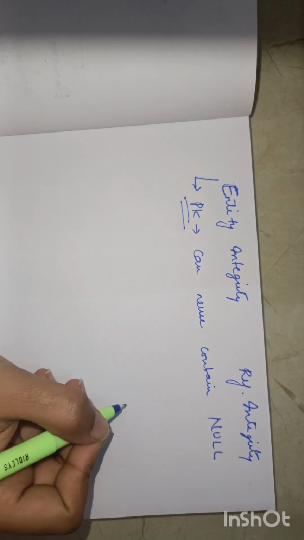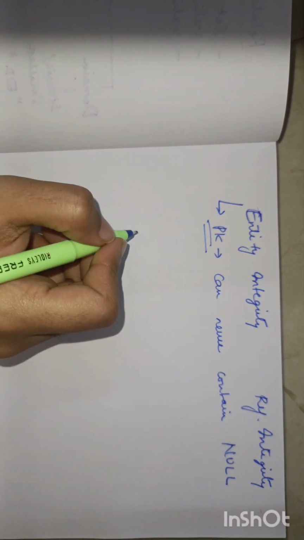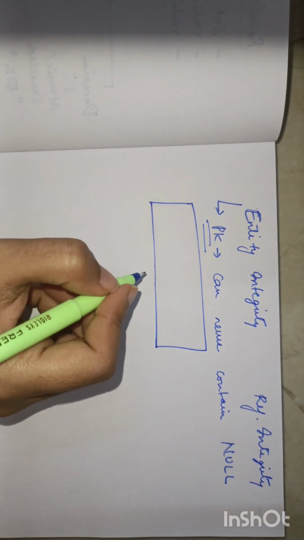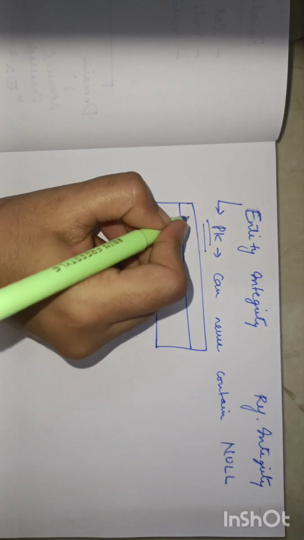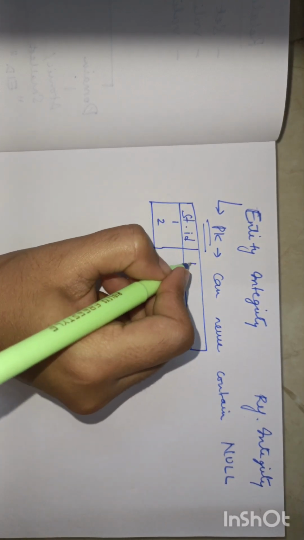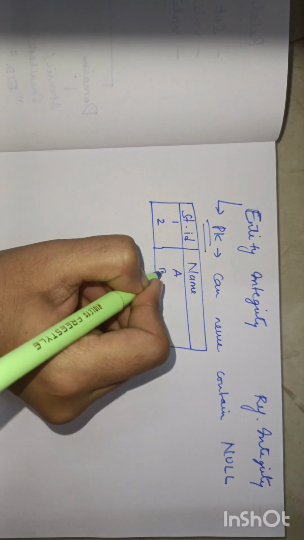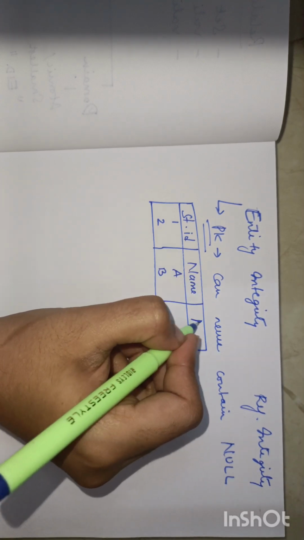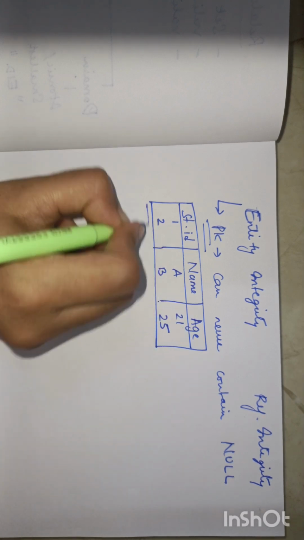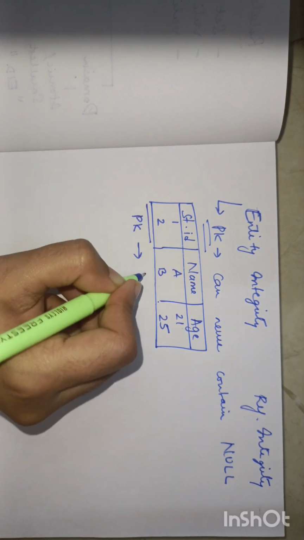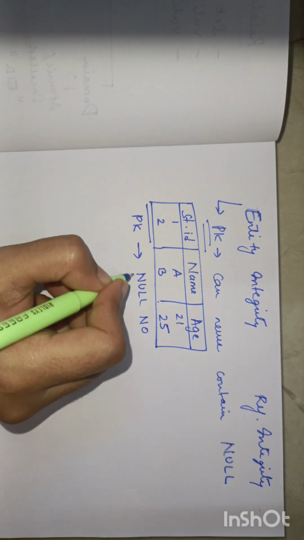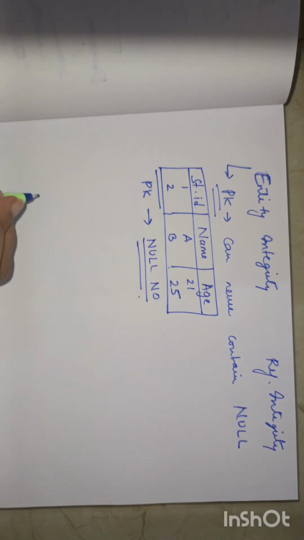A table can contain null values anywhere except in the primary key. So you can draw a small table and give the example that you have student ID, say 1, 2. You can have the name of the students, say A, B, and then age, say 21 and 25. This is my primary key and this can never be null. That is my entity integrity.